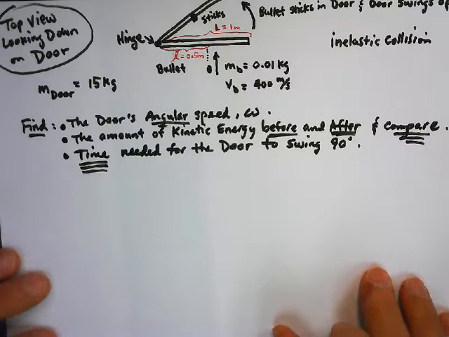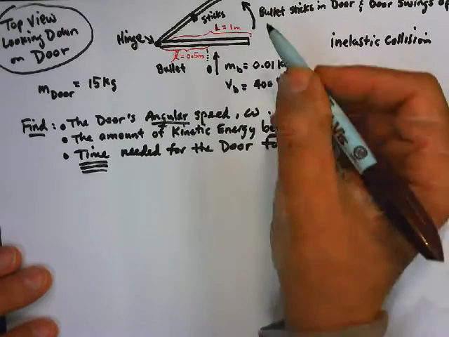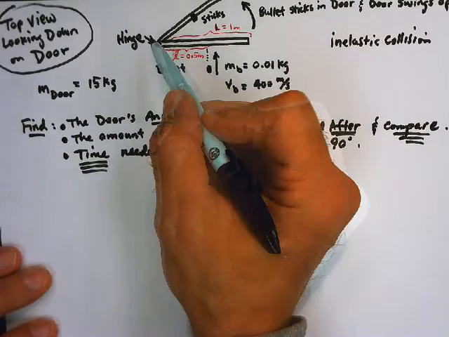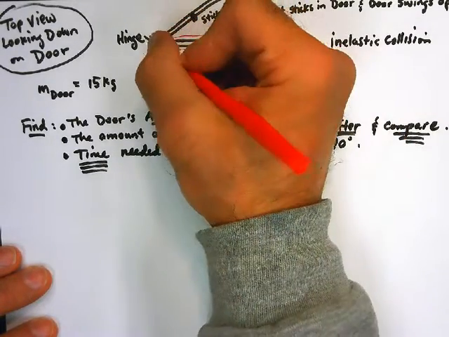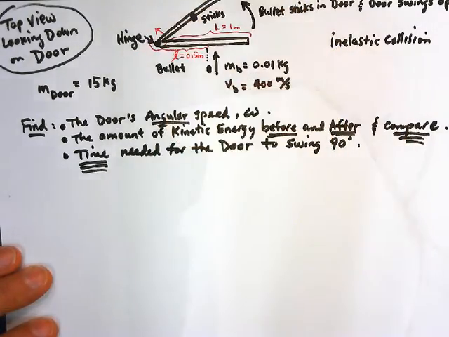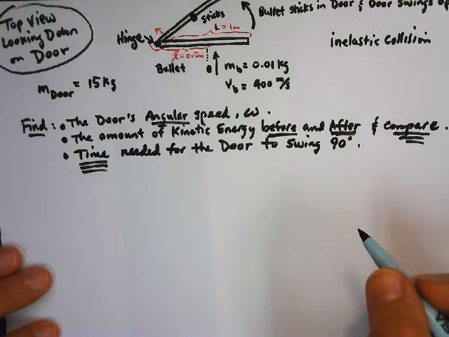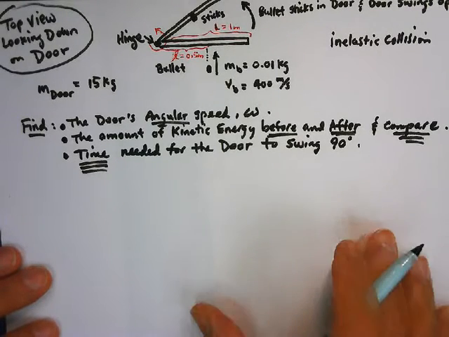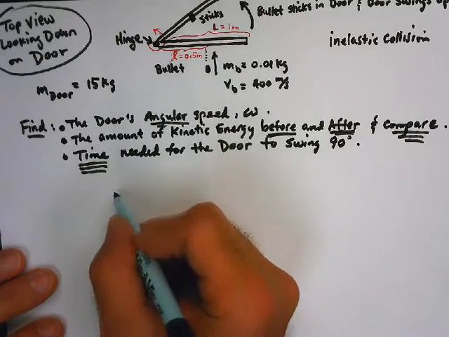Okay. Now, since this is a collision problem, and since we have a rotation here about this hinge, it's going to rotate like that, right? This is a job for the law of conservation of angular momentum. So remember that here.